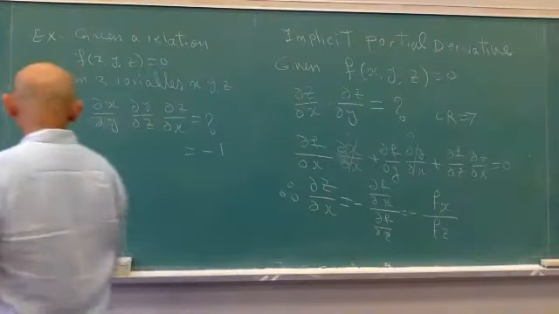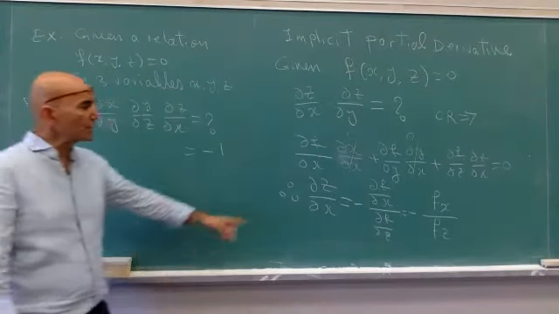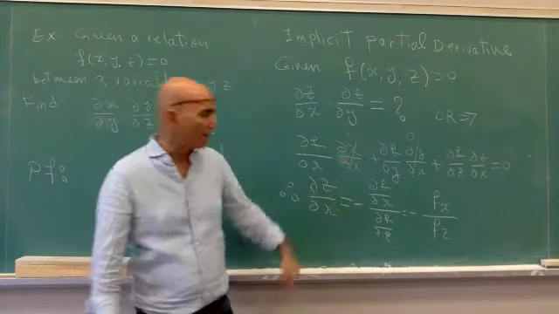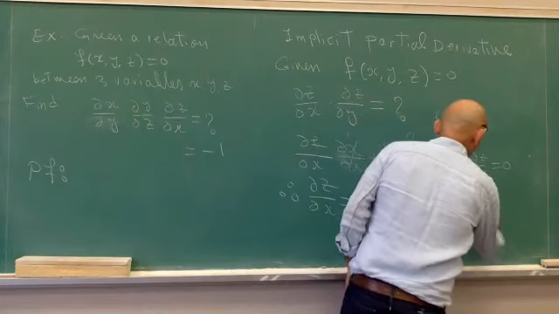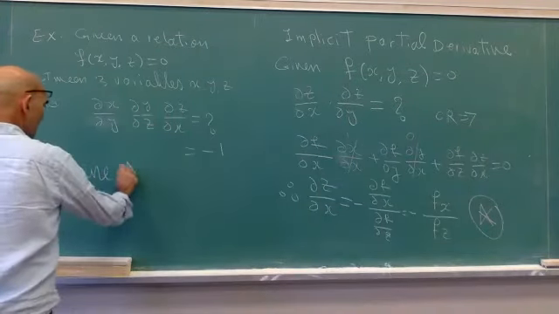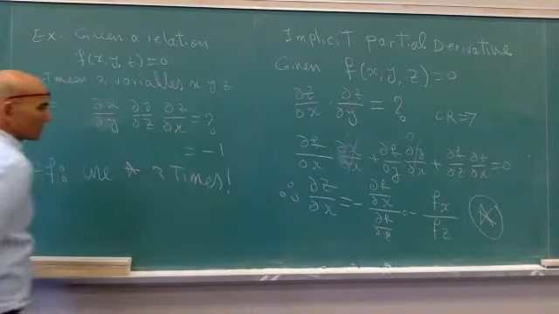So, proof. You just have to use this rule three times with different variables. Let me call this a star. Just use star three times. So what do I mean?